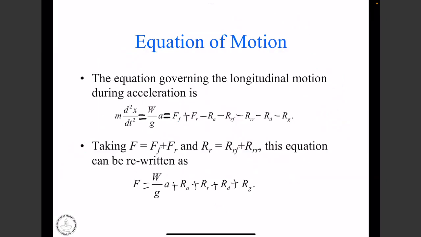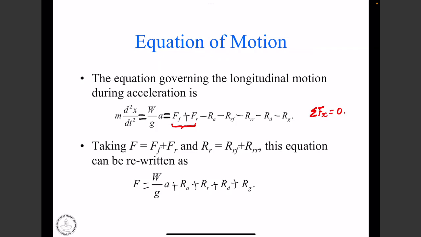First, if we sum all the forces along the direction of motion to be equal to zero, we get m times a, which is W by g times a, equal to the sum of the two tractive forces, FF and FR. Without loss of generality, we will assume tractive forces on both the front and rear tire road interfaces.